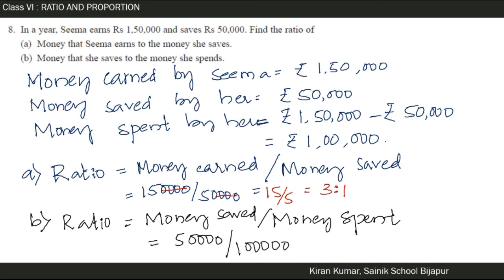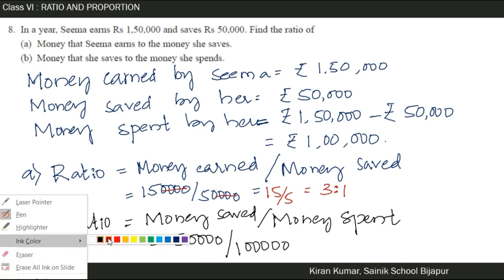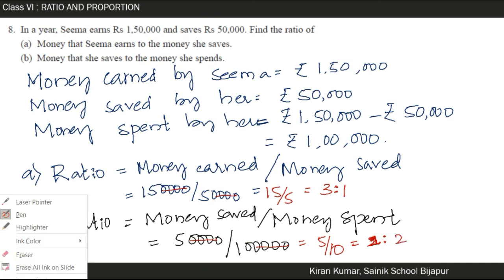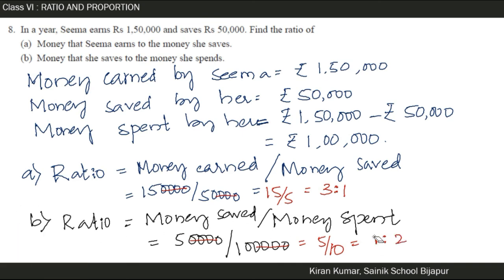Here, let us cancel those 4 zeros. We will be getting 5 upon 10, nothing but 1:2. Let me write it properly. This is 1:2.